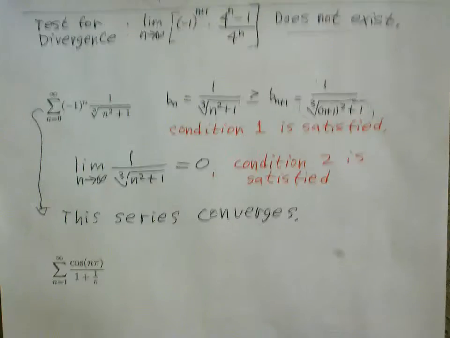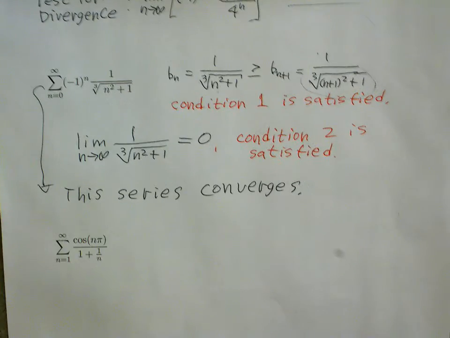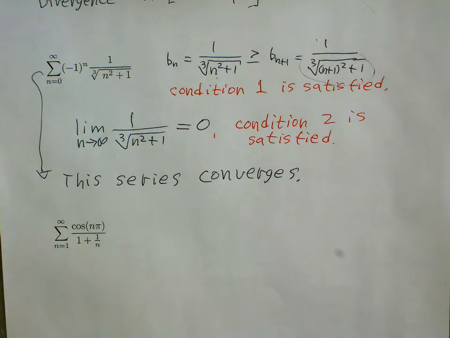Okay, the third example, the infinite series of cosine of n times pi divided by 1 plus 1 over n.